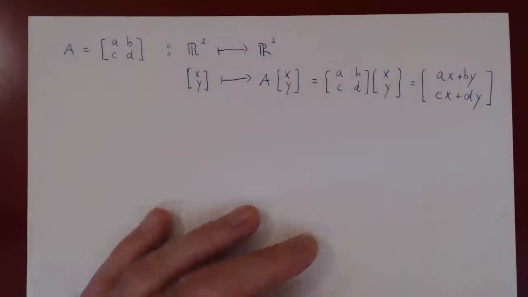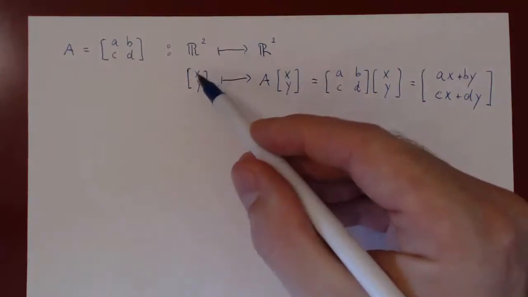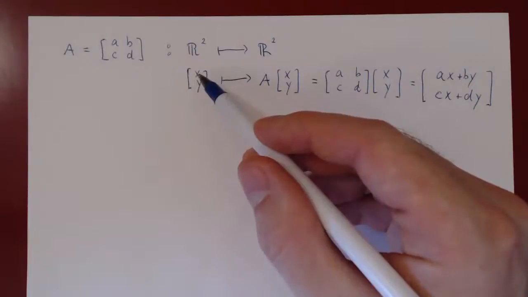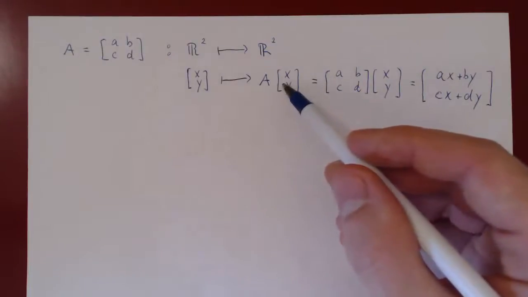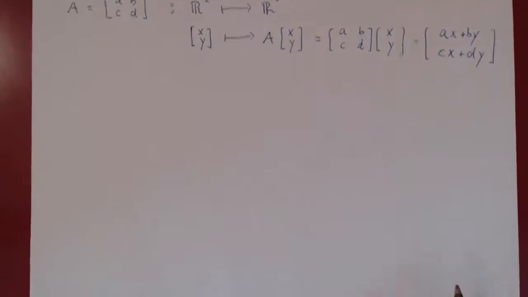And now we have a function from the xy plane to the xy plane. And again, we can ask, well, geometrically, what is happening, right? So we take a point in the xy plane, multiply that point by A, and we have a new point in the xy plane. So let's draw a picture to figure out geometrically what's happening.